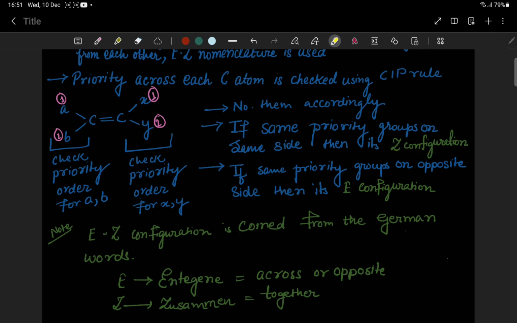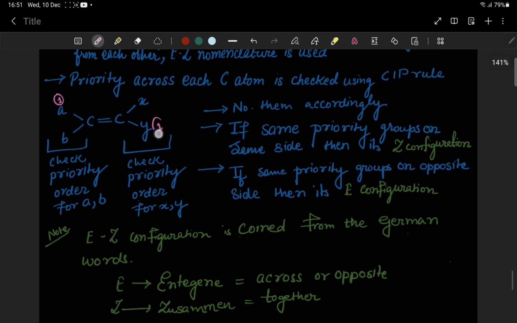Fine. And wait, I'm just correcting it. This is not 2 anymore, okay, I'm erasing it. Okay, if A is 1 and Y is 1, and X is 2 and B is 2.